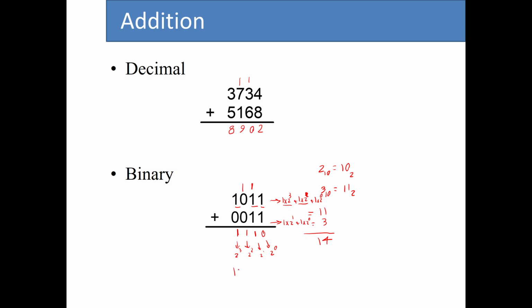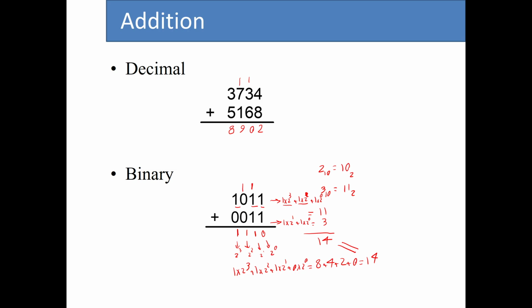So we have 1 multiplied by 2 to the power 3 plus 1 multiplied by 2 to the power 2 plus 1 multiplied by 2 to the power 1 plus 0 multiplied by 2 to the power 0. So we have 8 plus 4 plus 2 plus 0, which is 14. And as you can see, these two are exactly equal.